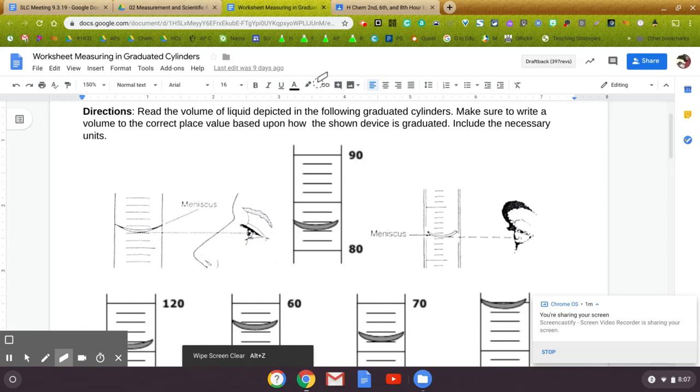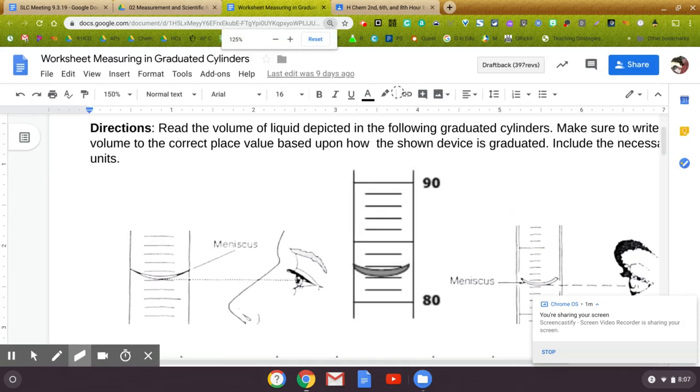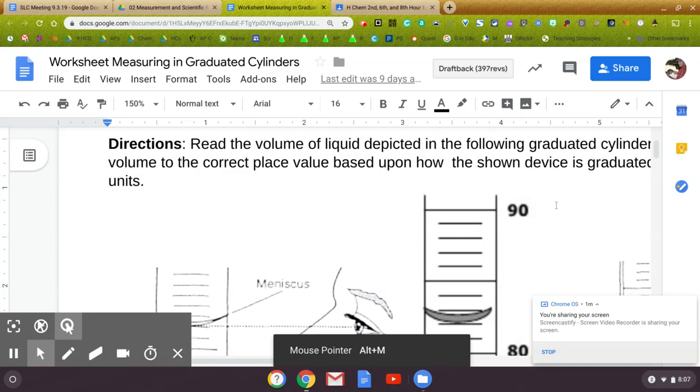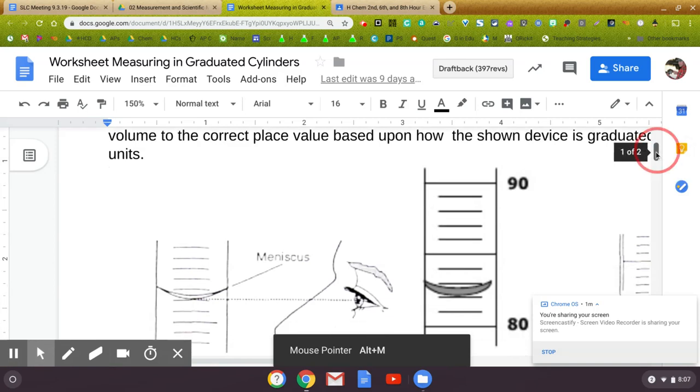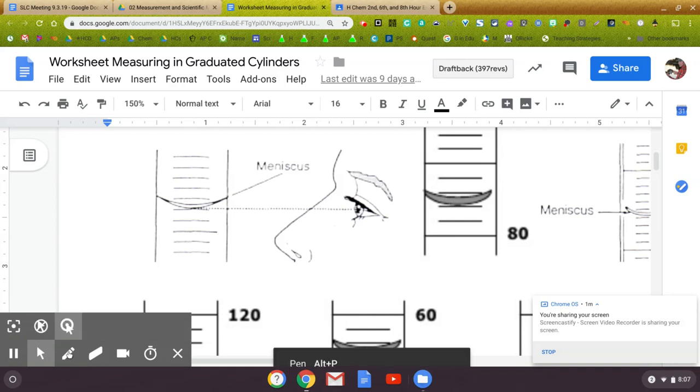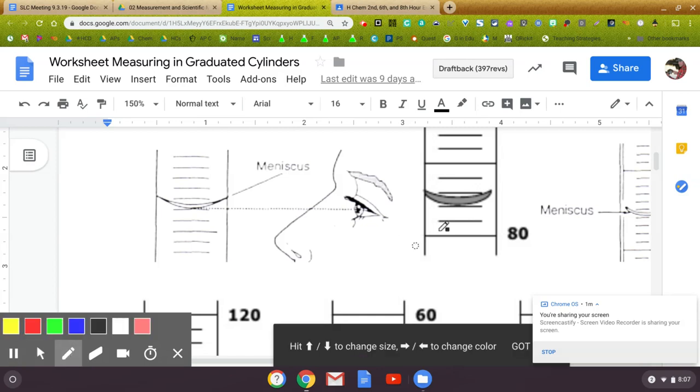That's what we know. And so if we're looking at this meniscus, which you can see from the side here, we read the very most bottom portion of the meniscus right here. This top portion of the meniscus would be this part of the meniscus if you're looking at it from the other side. That's why it looks kind of like a silver bubble. We need to read the very bottom of that, and then we read our actual measurement.